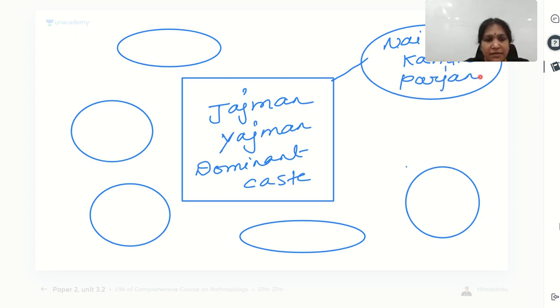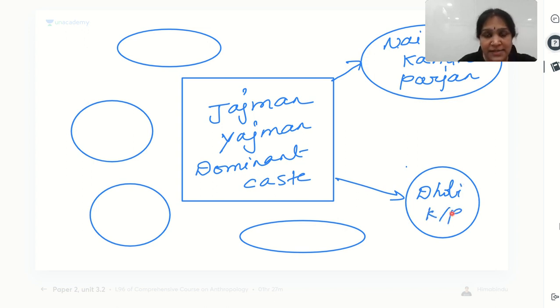Sometimes in some sources they give the Yajman Parjan relation. Parjan means other man. Yajman, other man. Like Batman, Spider-Man. So each caste is like that only. For example here, Dhobi. Same, he is also Kameen or Parjan.